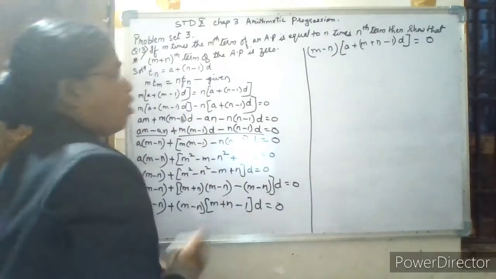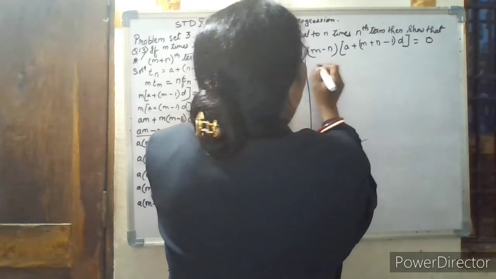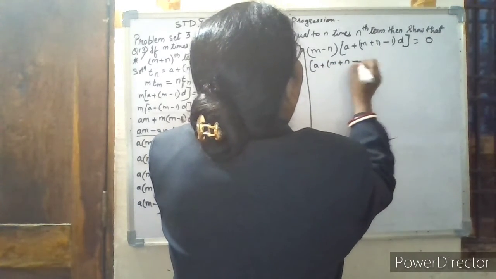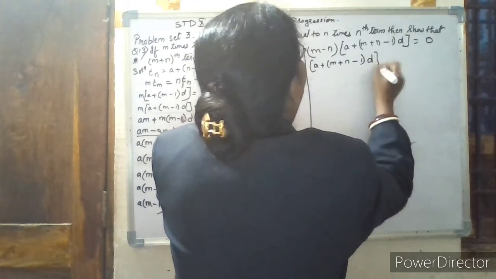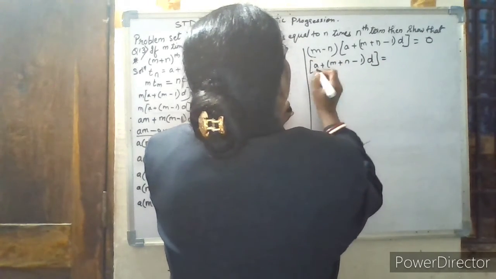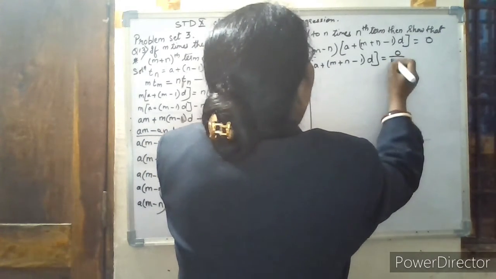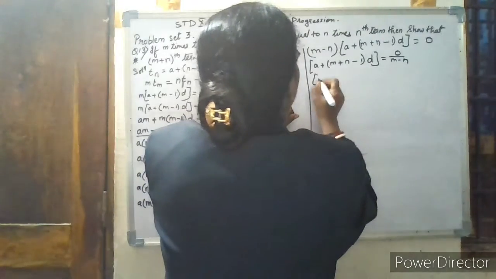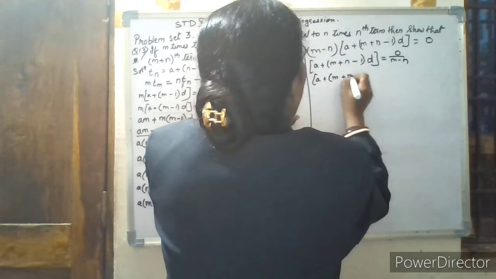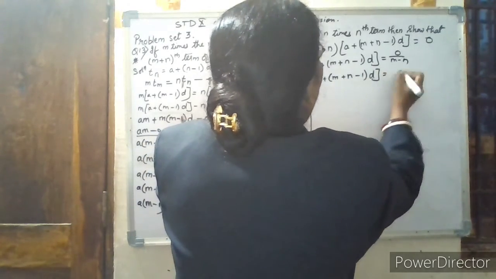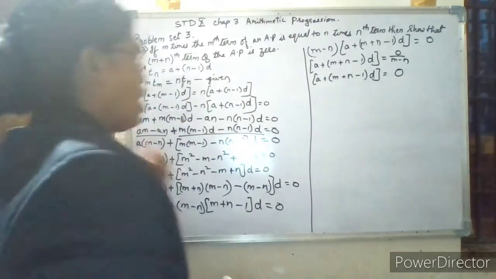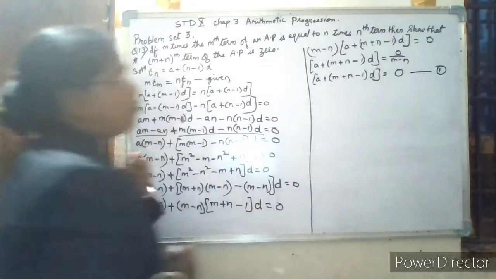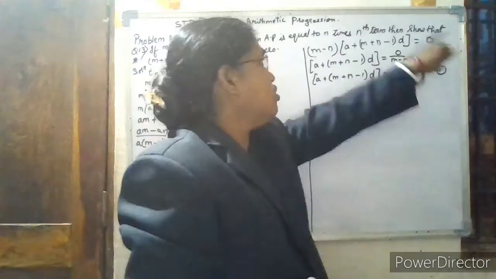Now m minus n, you take it that side. So a plus m plus n minus 1 into d, the whole thing in square bracket, equal to 0 by m minus n. I have brought this to the other side. So therefore we get a plus m plus n minus 1 into d equal to 0, as in the previous question. Take this as equation 1.